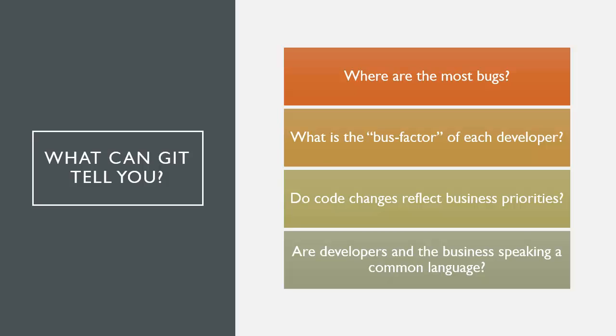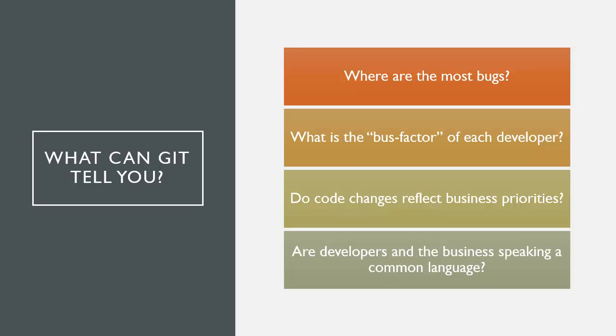So I can answer questions like, where are the most bugs in the code? With most source control systems, the messages that you apply to the commits that you're making are typically linked back to some kind of work item control system. And so you'll often find bug numbers in the commits.